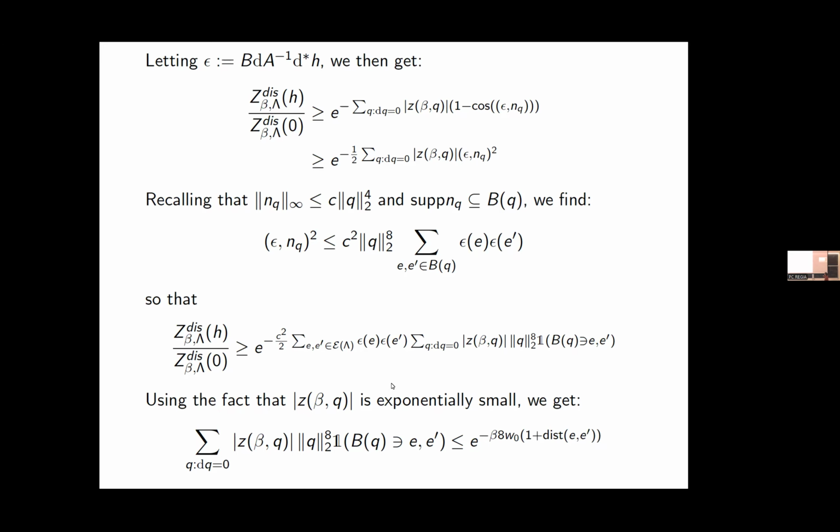The point is that the exponential decay of Z will help us. So if you now plug this in and you exchange the sum over E prime with the sum over Q, you use the fact that Z is exponentially small to obtain a rewriting of this quadratic form in the following way.